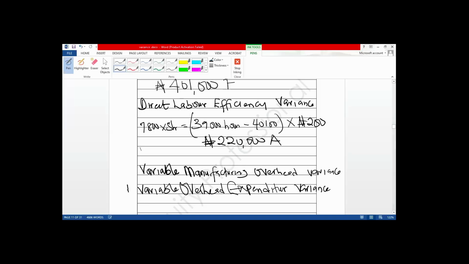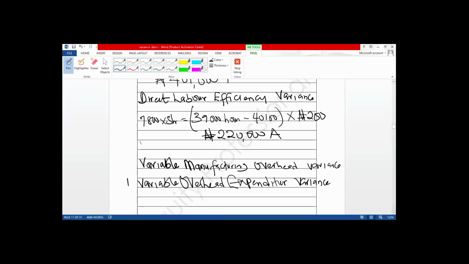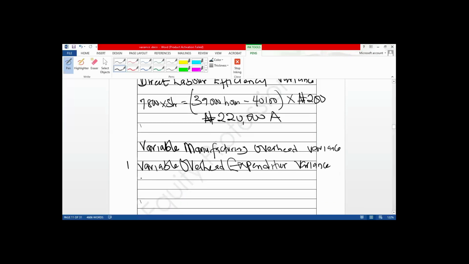This one. If you refer to that formula, your actual labor hours multiplied by the variable overhead absorption rate. Actual labor hours is 40,100, multiplied by the variable overhead absorption rate.